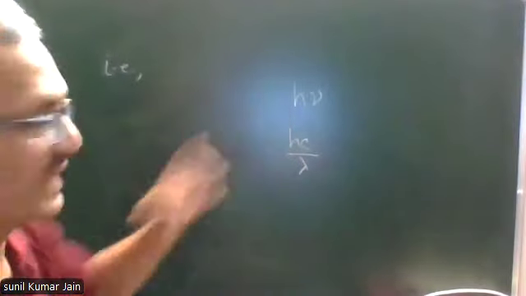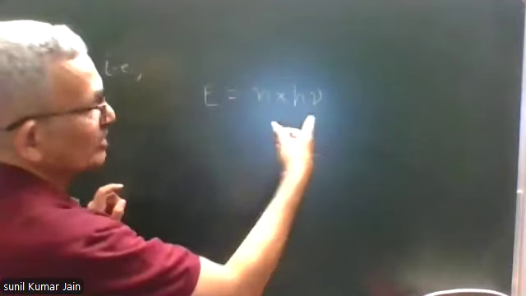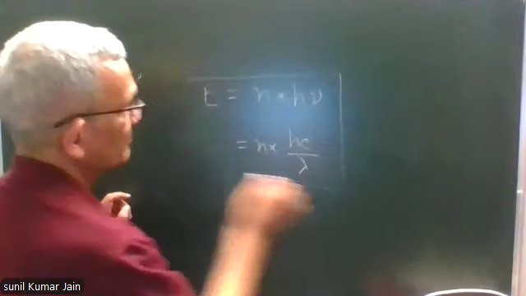Copy from the board. That is, E is equal to n into h nu, or I can say n into hc by lambda.